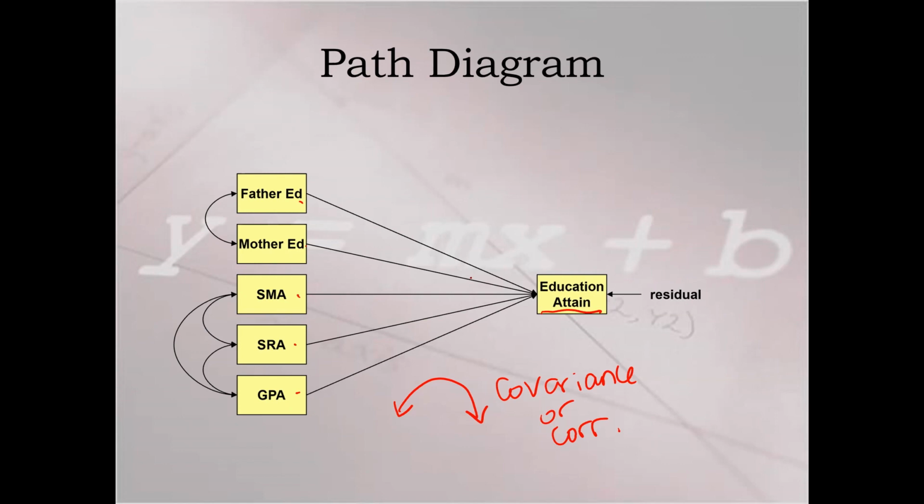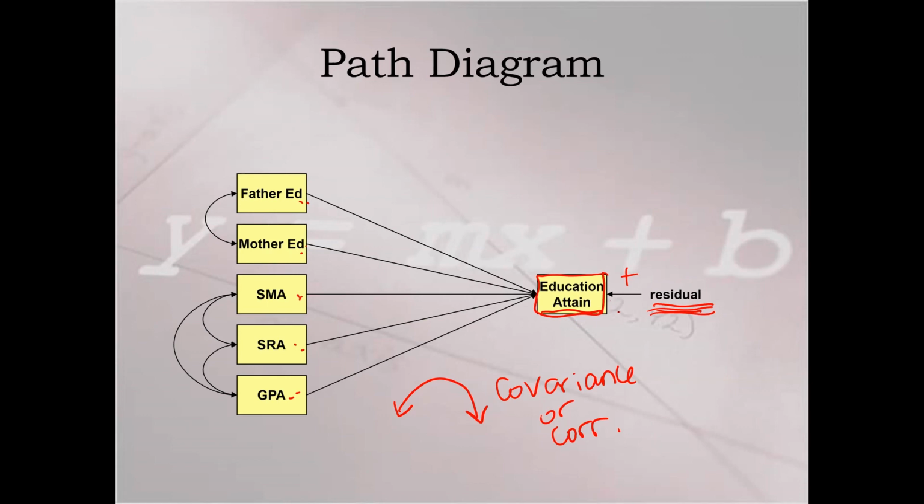And so to model the errors that I make, I have to include this residual term, which means education 3 is a prediction of both all these X variables plus error.